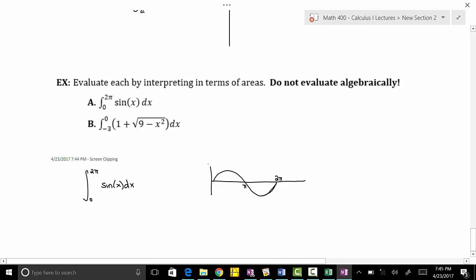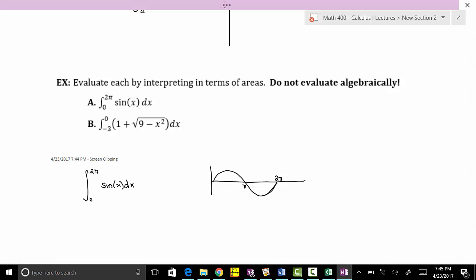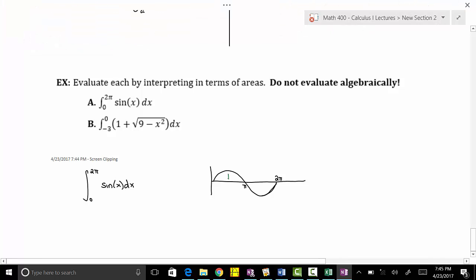But you can see that the area is symmetric. I have a positive area, right? All that area is positive y values times widths. And then I have a negative area. These are all negative y values times widths. Negative y values will subtract area away. So you have a positive area and you have its symmetric negative area.